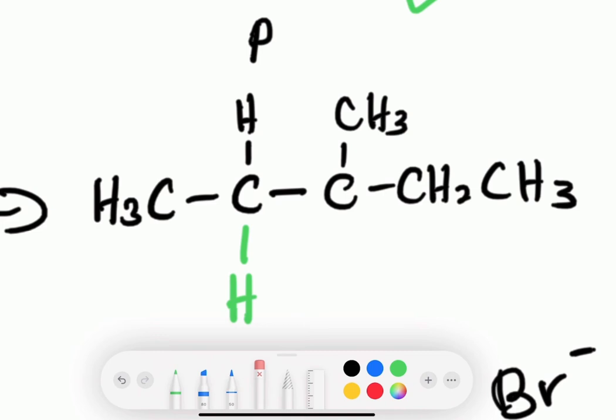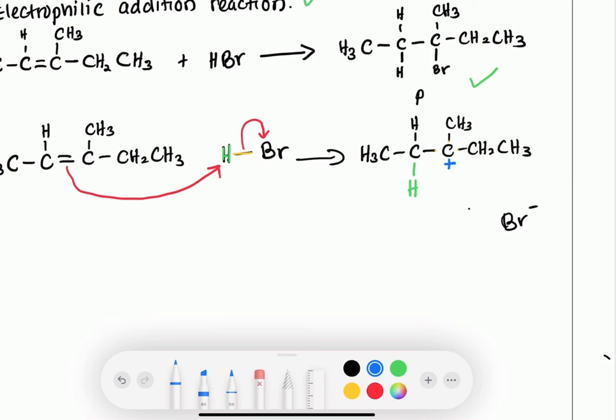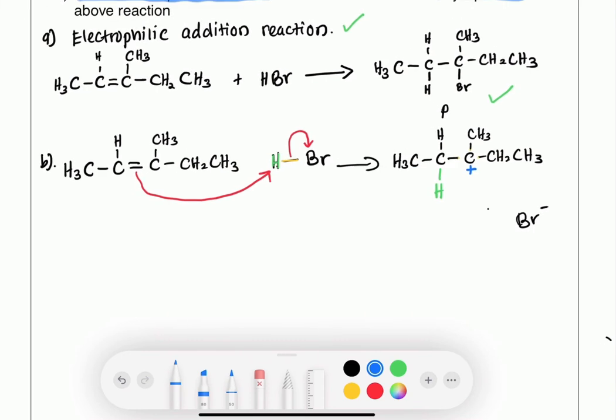And as you can see, we have 1, 2, and 3. So our carbon will become a carbocation. Now you can directly choose this, so this one will attack this to produce.